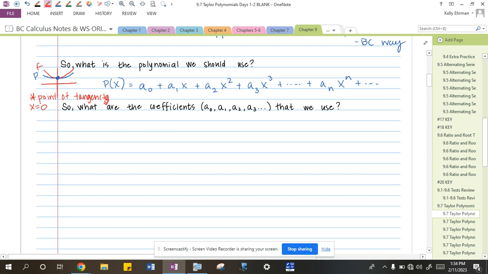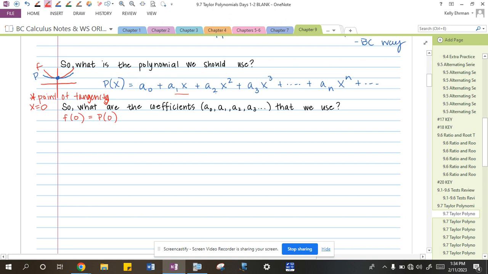We're going to point out some things that should be true at x equals 0. If that is the point of tangency, then it has to be true that the actual function value f of 0 has to equal p of 0. Whatever the polynomial is at 0 has to match f at 0, because that's the one point that they have in common. And p of 0, go back to this polynomial function.